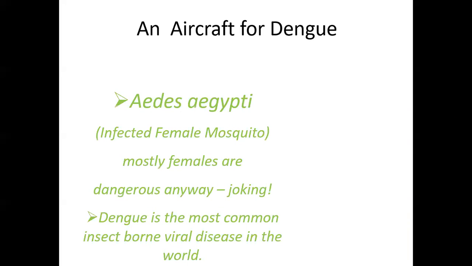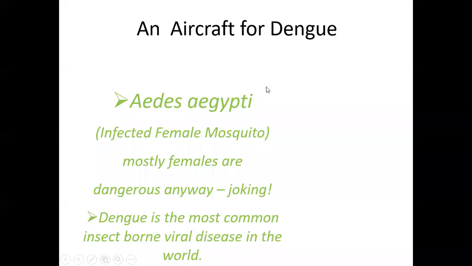And the vehicle for the dengue virus, the vector, is the mosquito, and that mosquito is the Aedes aegypti. This is one kind of mosquito.